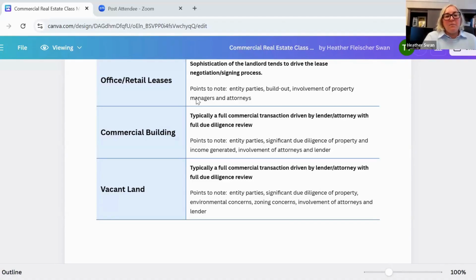There's going to be much more due diligence regarding zoning and maybe environmental concerns, that may change the timing of the transaction and the due diligence on the property.